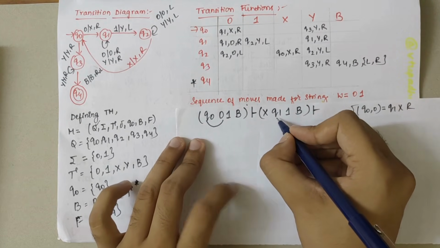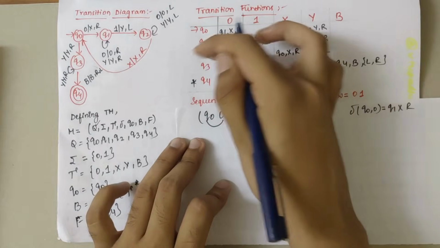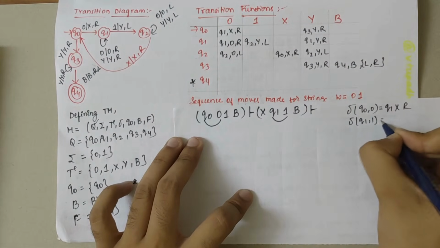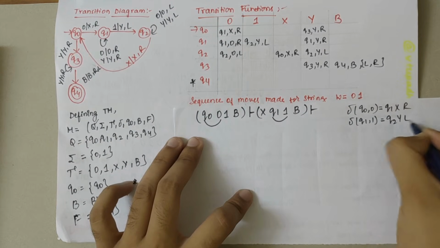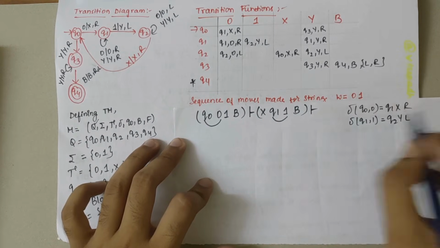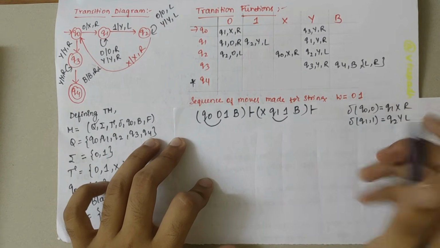Now I'll consider Q1 on 1. We get transition of Q1 on 1: Q2, Y, L. So when we get Q2 Y L, move left, replace 1 by Y and Q1 to Q2.